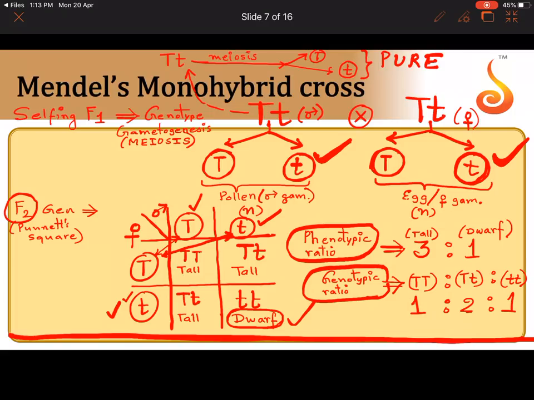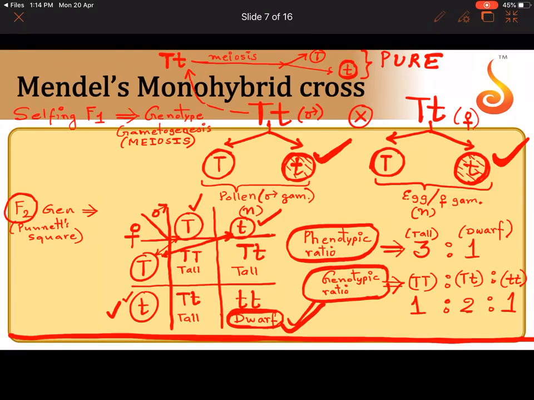And what do you call this separation where until now capital T and small t were together but now they get separated? It's called segregation. So we got a gamete with small t because of segregation. And because we have a gamete with small t on both sides, we are getting what plant in the F2 generation?